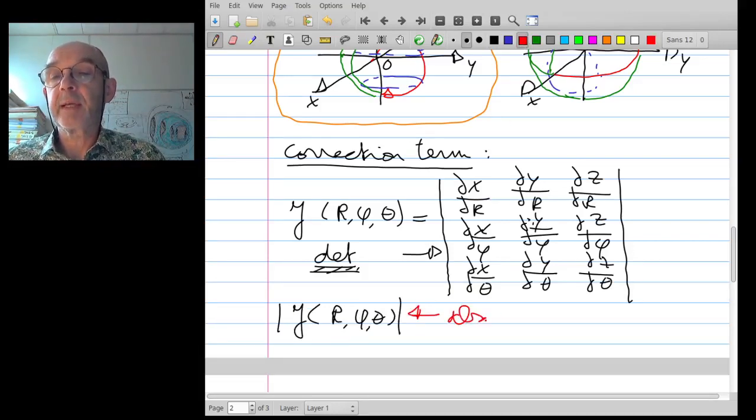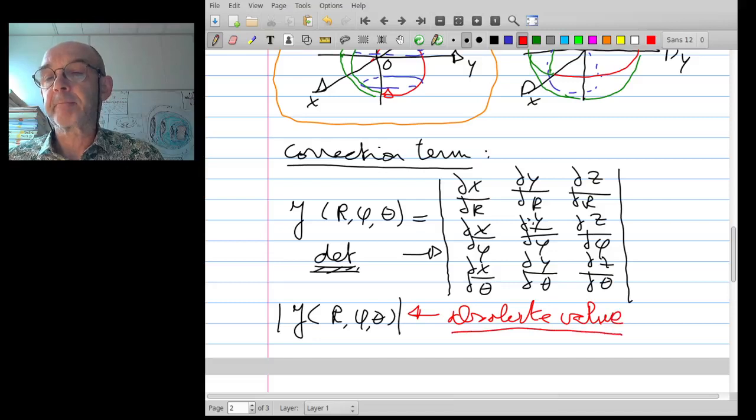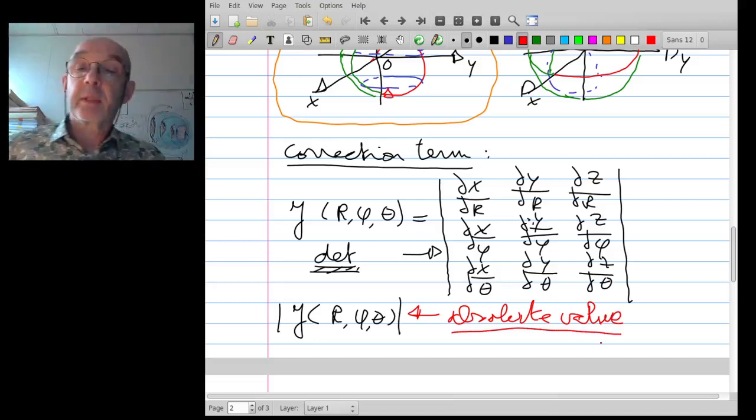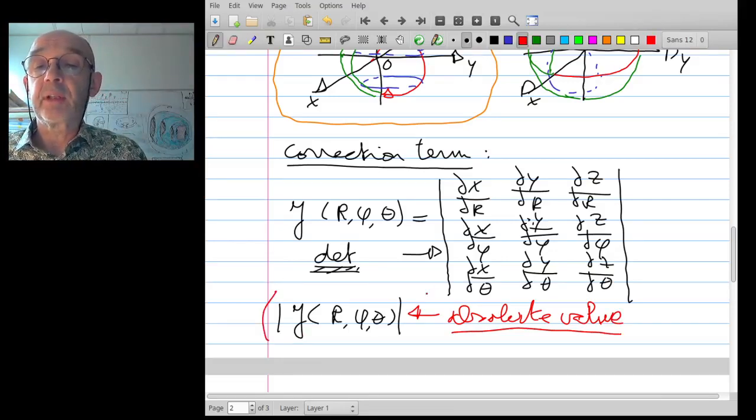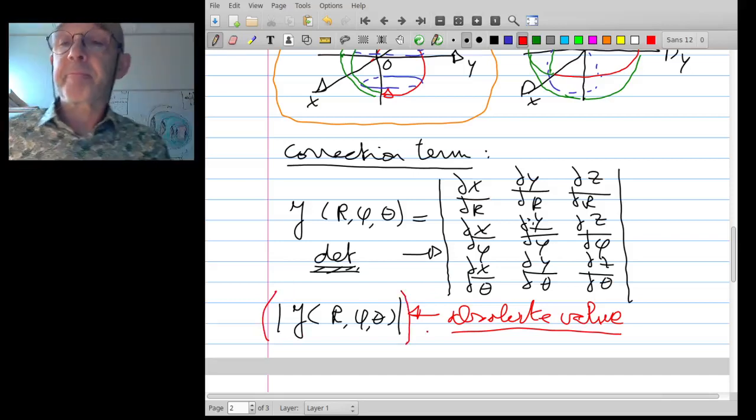You see that in Adams: in those integrals you see vertical lines around the Jacobian.